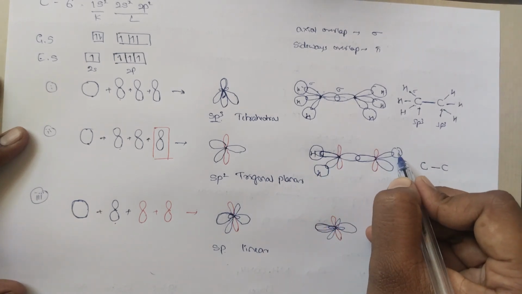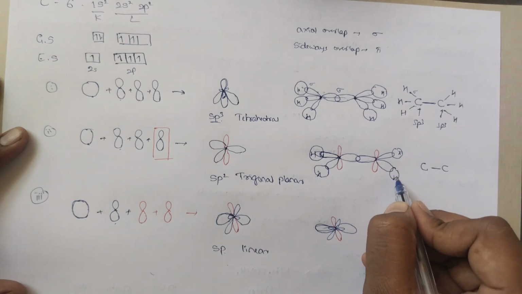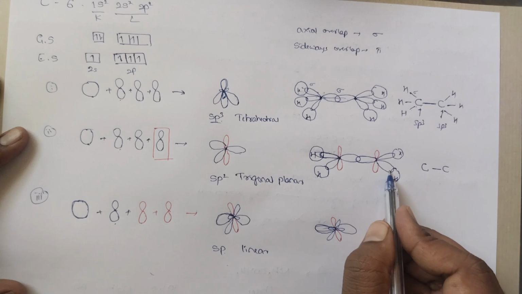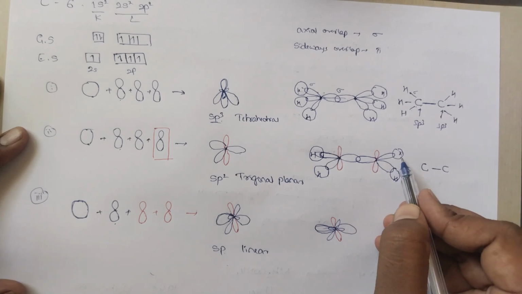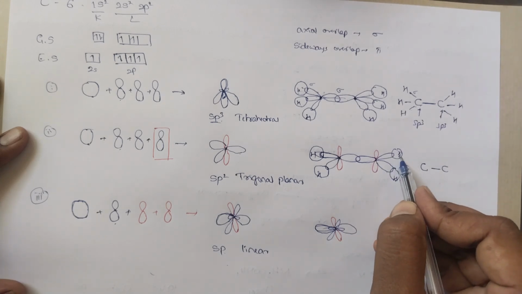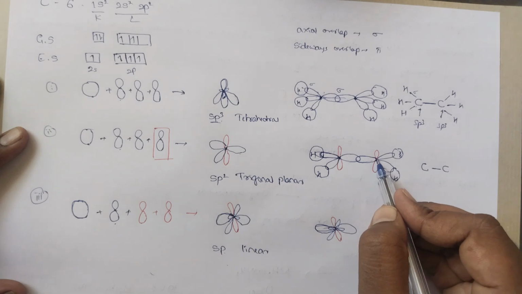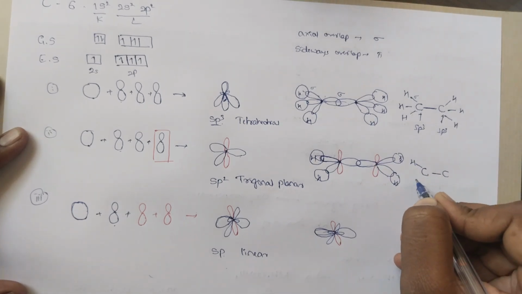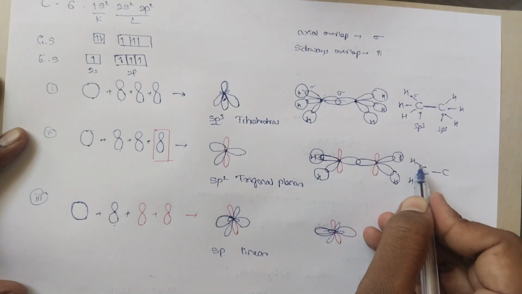Here also same. Here also 1s of this hydrogen is overlapping axially with the sp2 of this carbon, so that there is a formation of sigma bond.